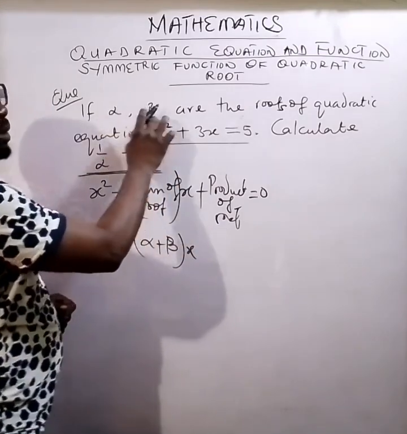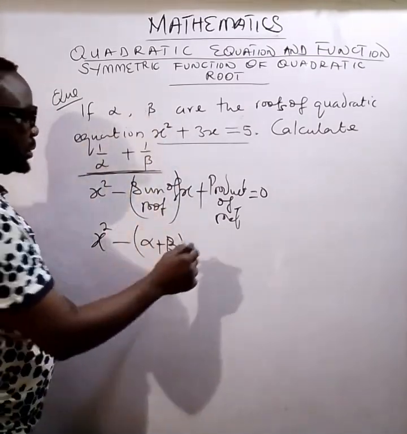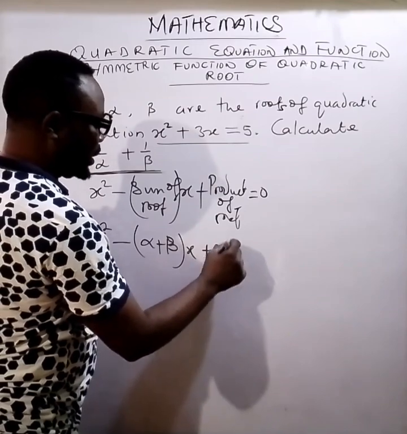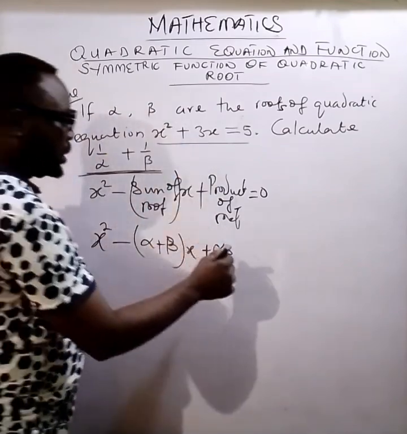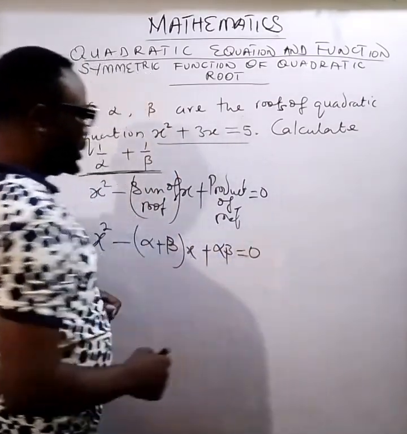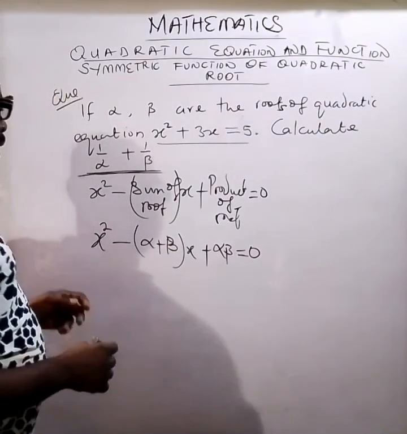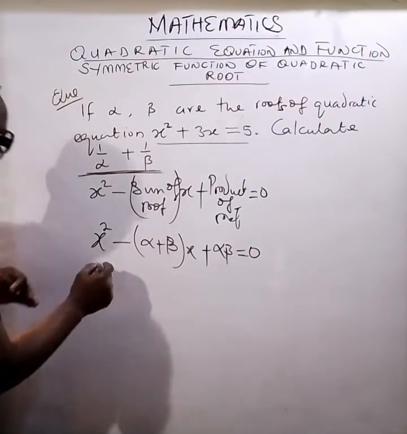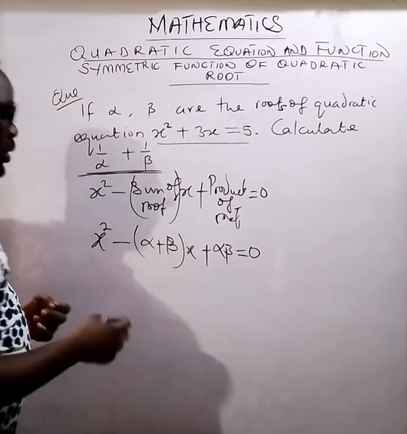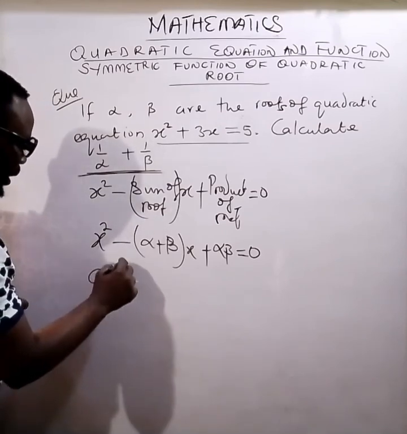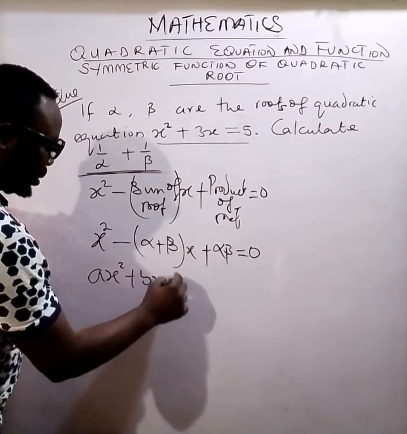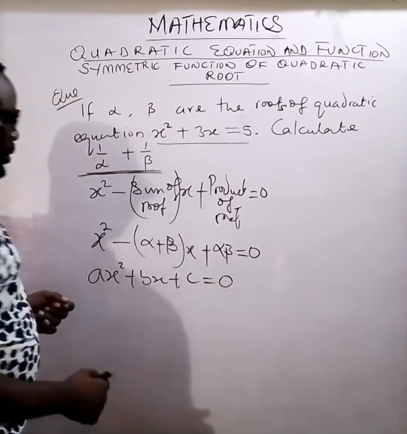You can see this is the addition of the roots given to us, and alpha beta is the multiplication of them with one another. This is gotten from the general formula of quadratic equation, which says ax squared plus bx plus c equal to 0.